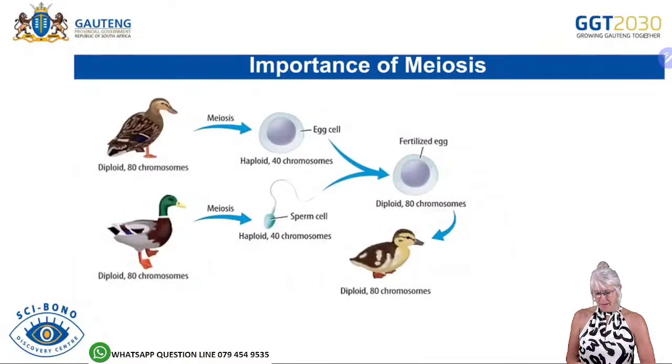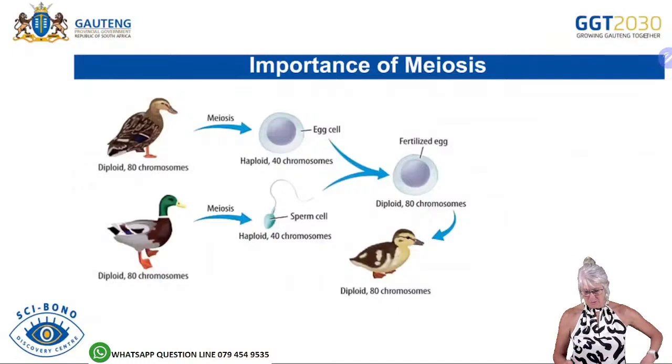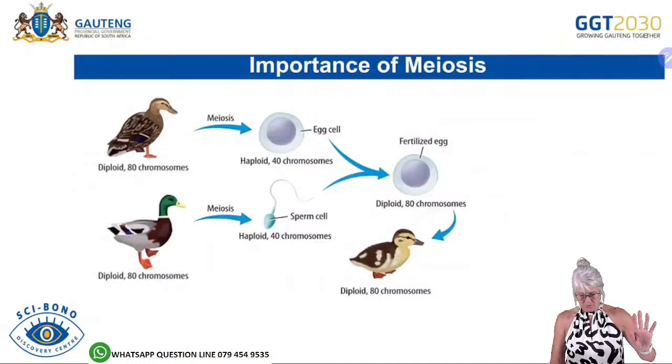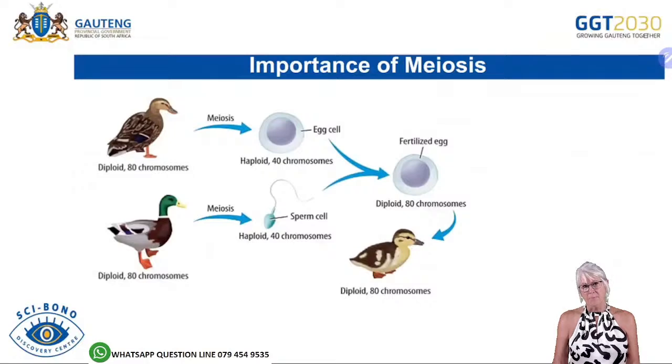All right, now let's quickly look at the importance of meiosis. I alluded to it just now when I said, imagine if everybody in a population had identical genetic material, so that as soon as environmental conditions become unfavorable, everybody would die, and the population wouldn't survive.